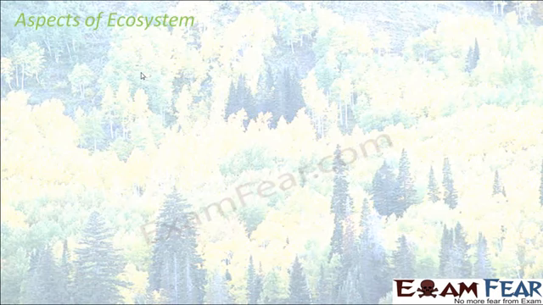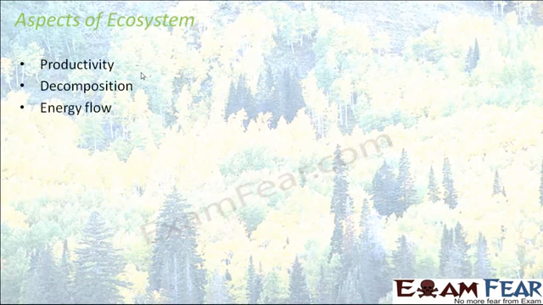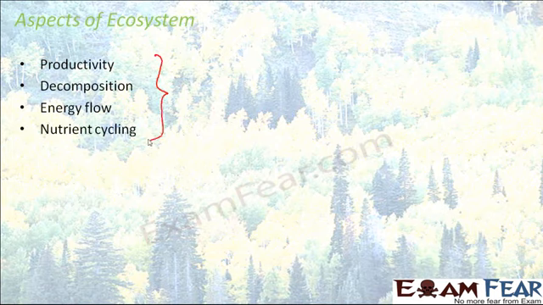So for that we need to talk about these important aspects of ecosystem. Some of the aspects which we will discuss here are productivity, decomposition, energy flow and nutrient cycling. These four aspects together will help you understand the entire concept and the entire working of an ecosystem. So we will start with productivity.